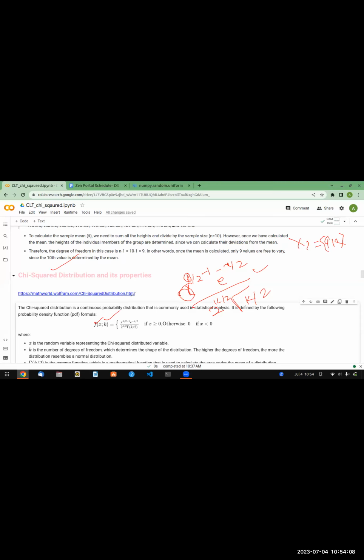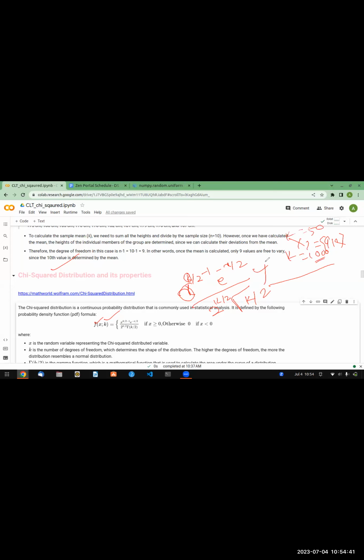And one of its properties is this: if you increase the degree of freedom, what does that mean? Increasing the k value, the length of the data. If you increase the length of the data, at a certain point, suppose you plot at k equal to 1000 and at degree of freedom 50.